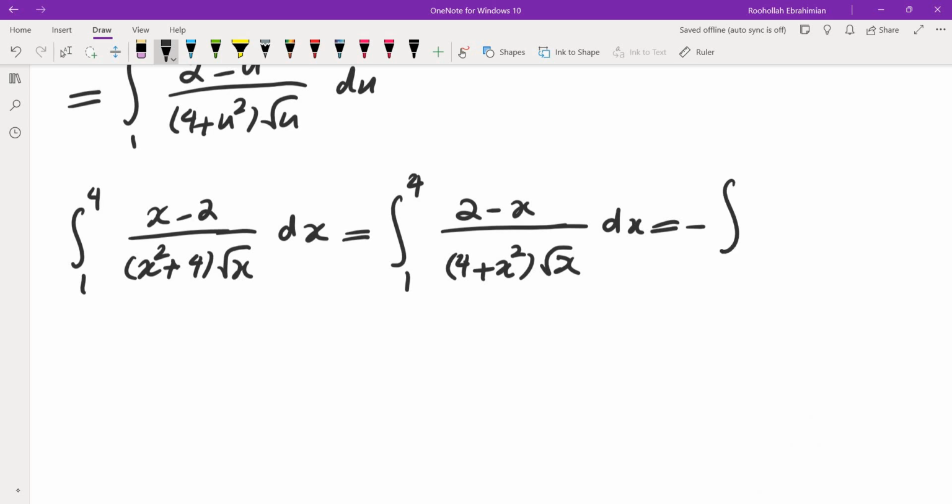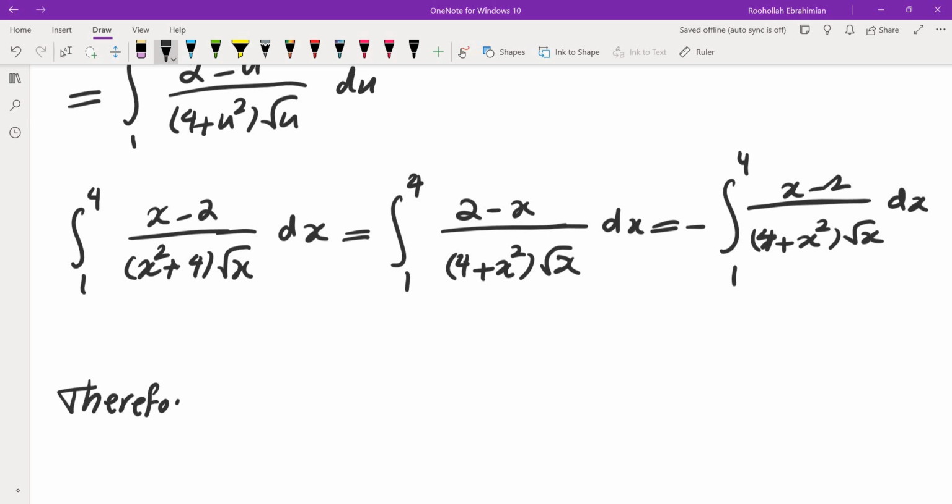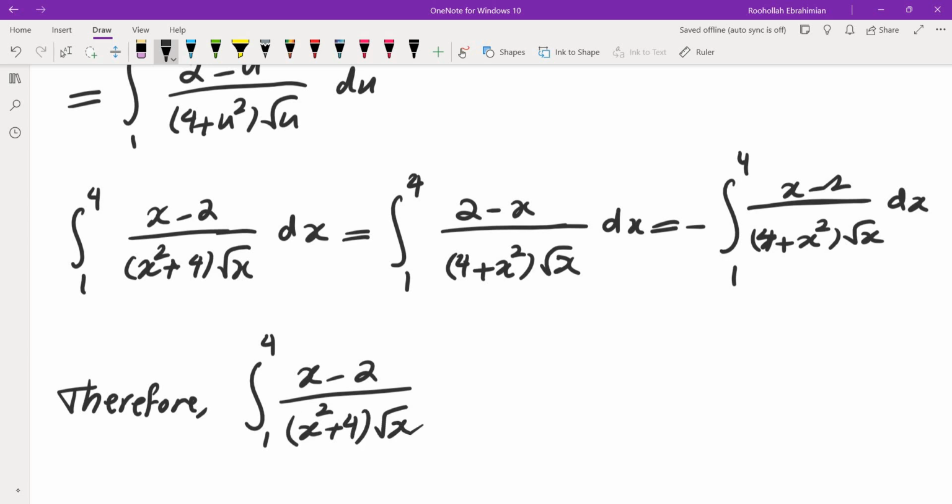So that's negative the integral from 1 to 4 of x minus 2 over 4 plus x squared times root x dx. So this integral is negative of itself. Therefore, the integral must be 0. So the integral from 1 to 4 of x minus 2 over x squared plus 4 root x dx is in fact 0. And that is our final answer.